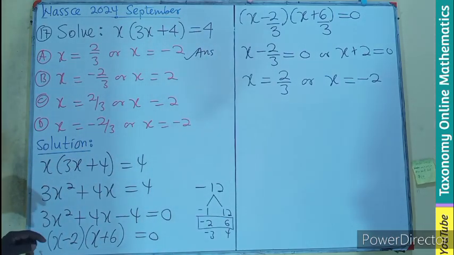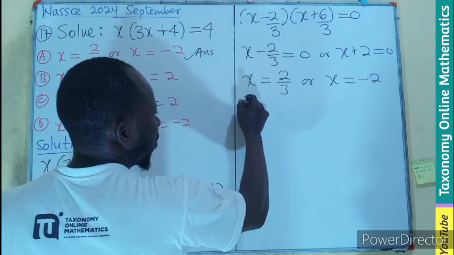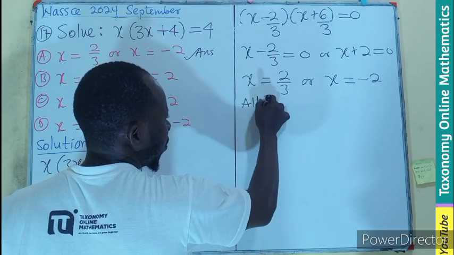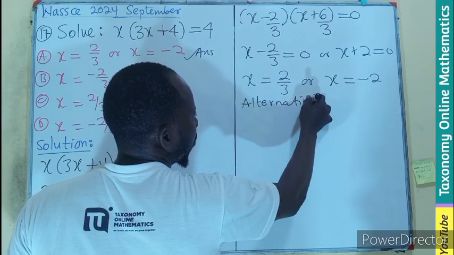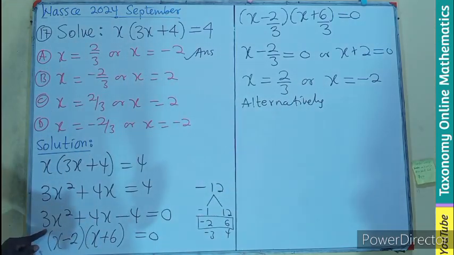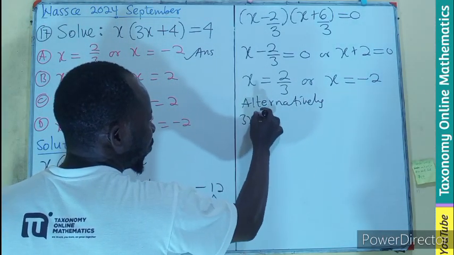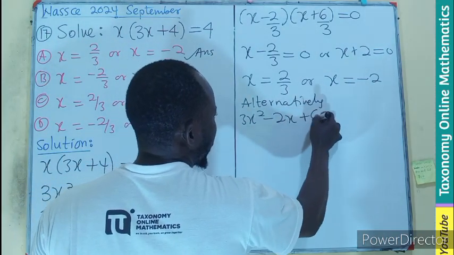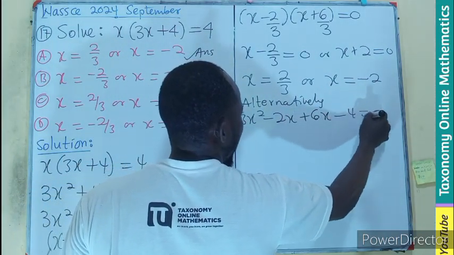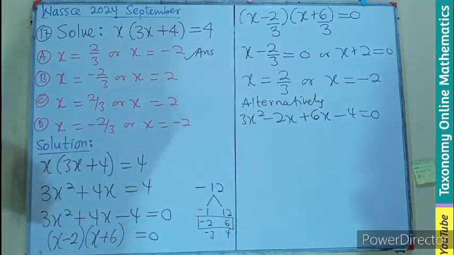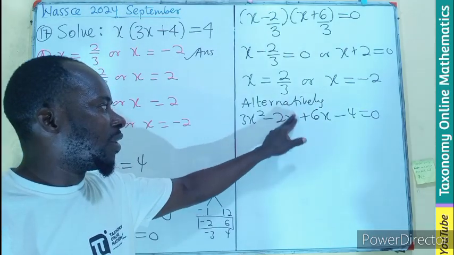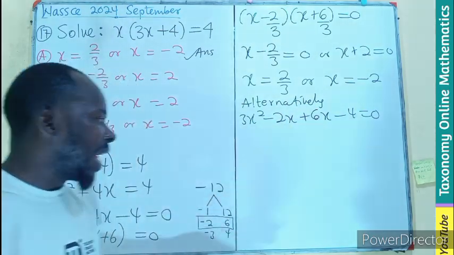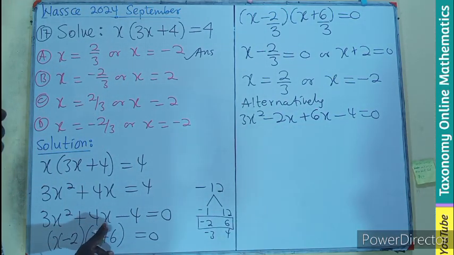So if you want to expand it without the shortcut, it means that you'll have 3x squared minus 2x plus 6x minus 4 equals 0. You replace the 4x by the factors you found: minus 2x plus 6x will give you positive 4x.